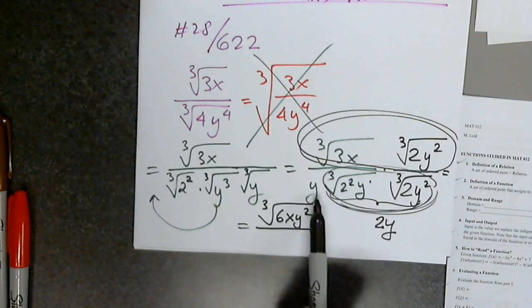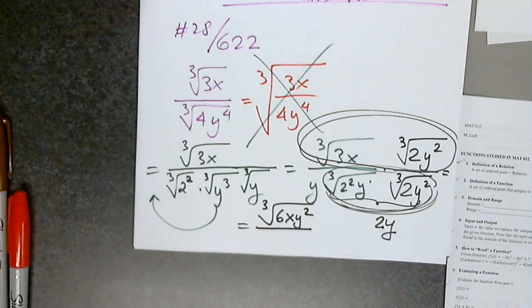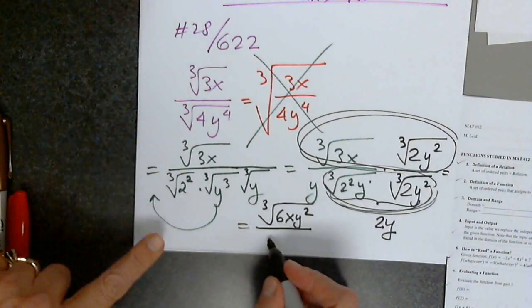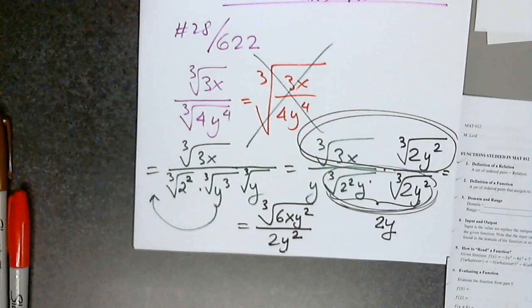But now I have to multiply the y in front by the 2y, and I'm done. Squared. And that's it, and that's final. Any questions on this?